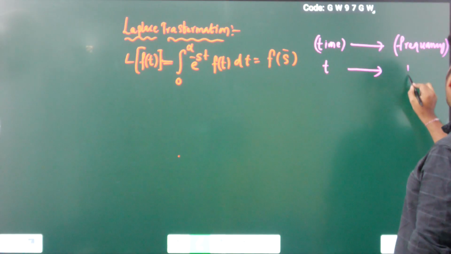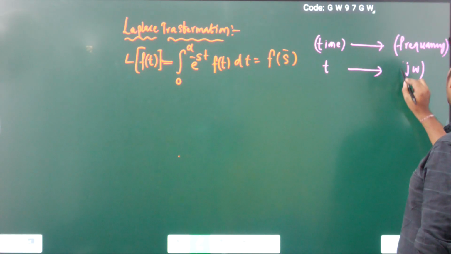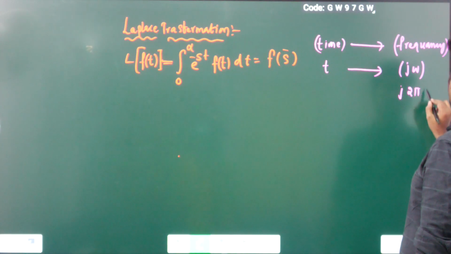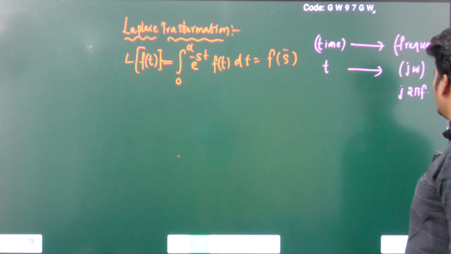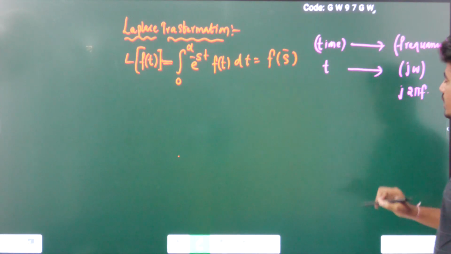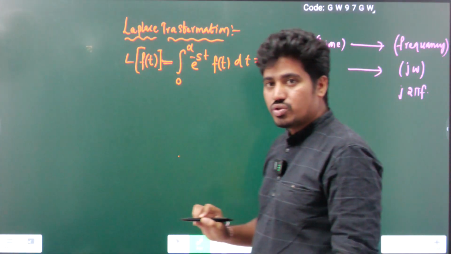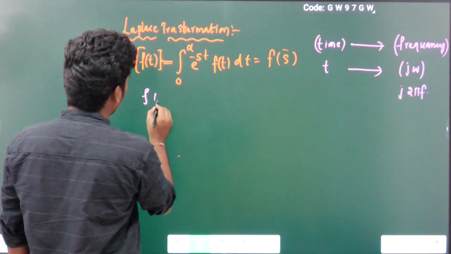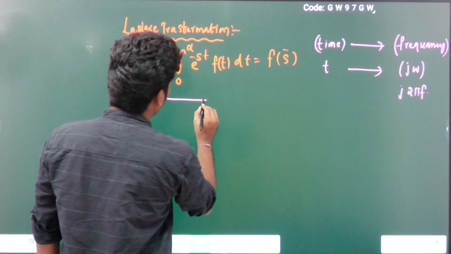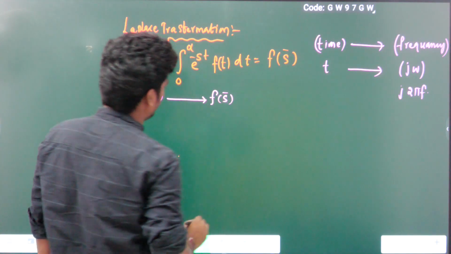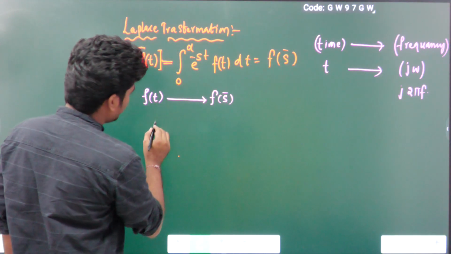S means j omega, where omega is 2 pi f. 2 pi is constant, j is constant, and f is called the frequency. So now we are transferring the time domain function to the frequency domain function F of s. This is called Laplace transformation, but inverse Laplace transformation is simple.